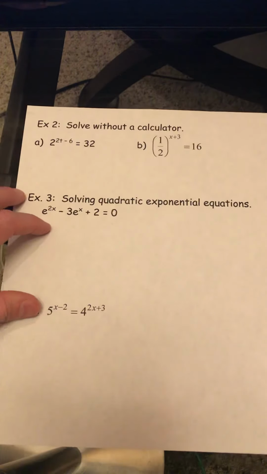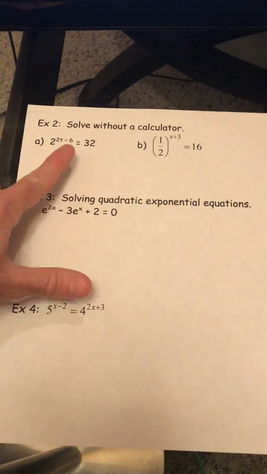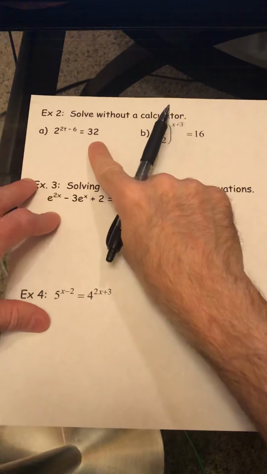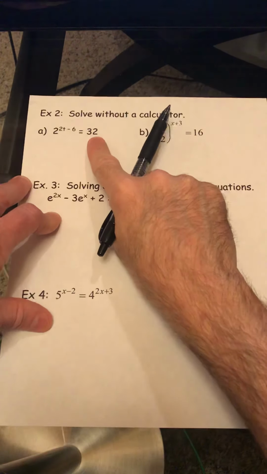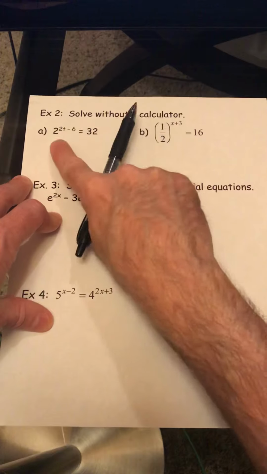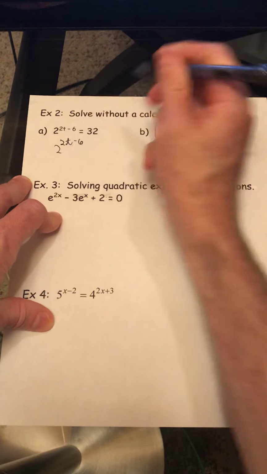The next couple examples will be a lot easier. Now, 2 to the 2t minus 6 equals 32. Like I said, solve without a calculator. There are some things you are certainly going to be asked to do without a calculator, and what that tells us is we can rewrite things as the same base. Well, 2 can't really be rewritten as anything else, so we're just going to leave it.